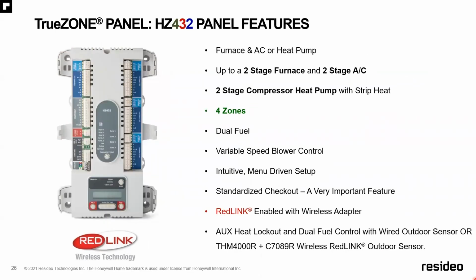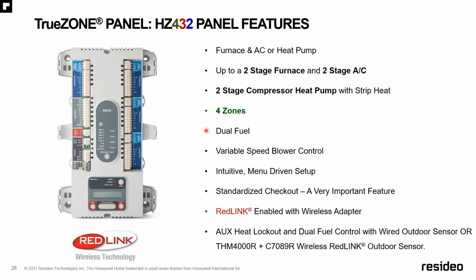Okay, when it comes to the 432 zoning panel, obviously it's going to allow you to work with a two-stage gas furnace, two-stage air conditioner, and the two-stage compressor heat pump. So the 2 stages of compressor heat plus the strip heat, that's what you need that 3 heat for. Obviously, 4 zones.